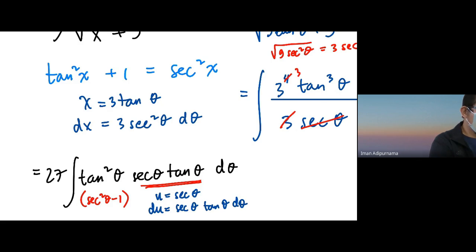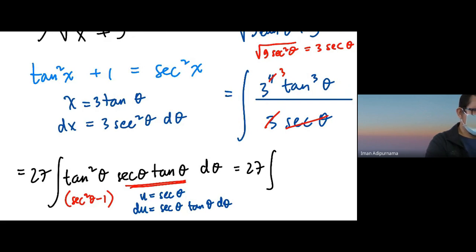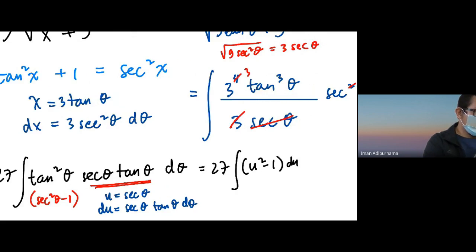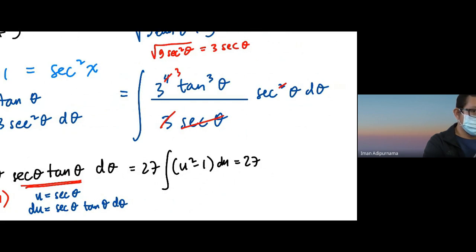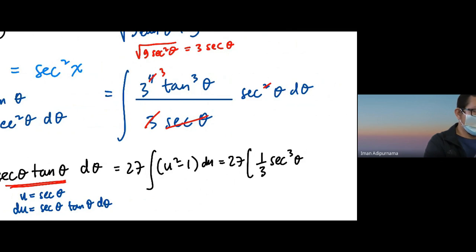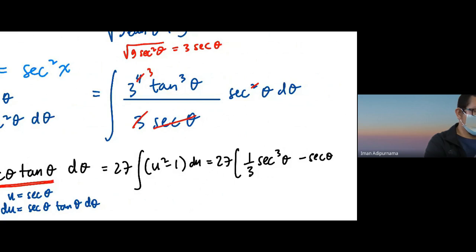So we will have 27 times u squared minus 1 du, and I think it's very simple. We can have 27 times 1 over 3 secant cubed theta minus secant theta, right?